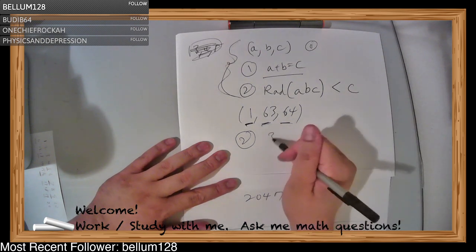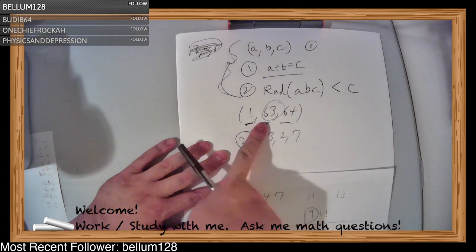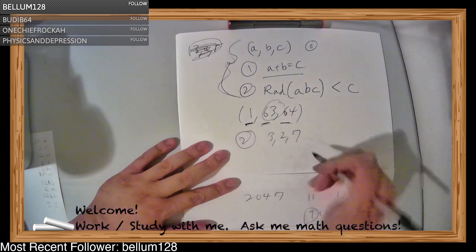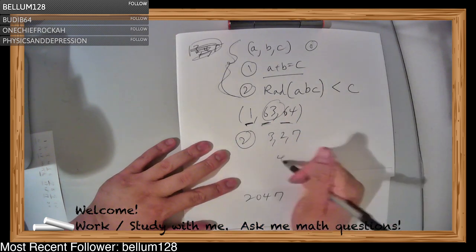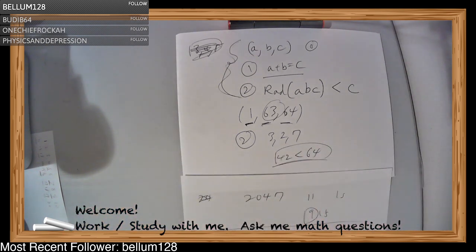Well, the primes are 3, 2, and 7, right? So this one has 3s and 7s. This one only has 2s. So when you multiply them together, you get 42. 42 is indeed less than 64. And yeah, so that's one of them. There's one above that and one below that, ish.